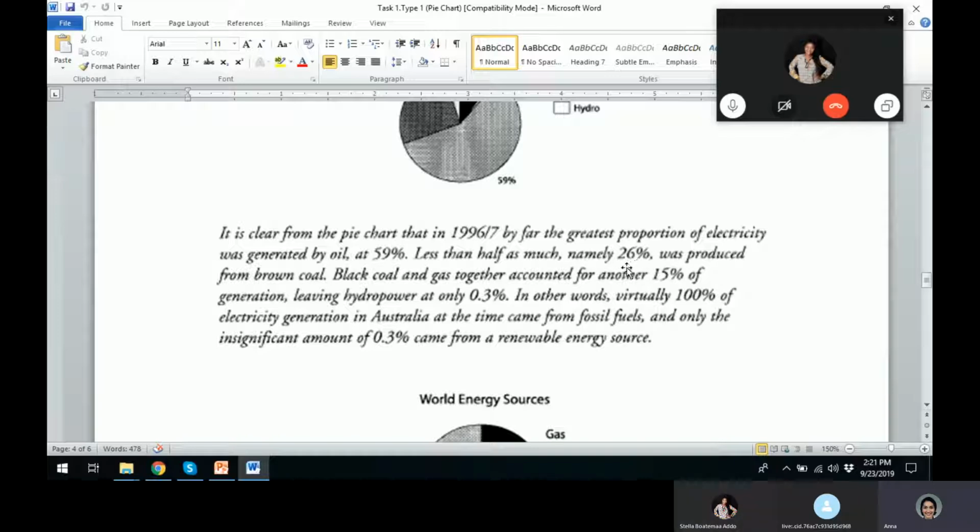That is how you write it. Okay, another. Where is 0.3%? Okay, here. 0.3%, the paraphrase is insignificant amount, and then the detail is 0.3%. Okay? So put together paraphrase plus supporting detail.